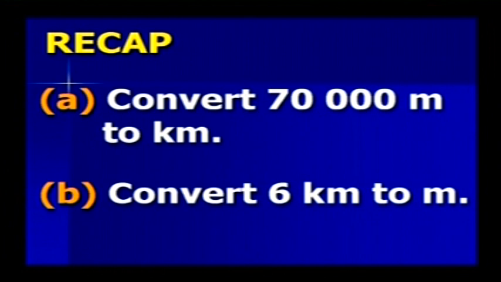This group here, group 3. Florence. 1,000 divide 70 is equals to 7 kilometers. All right, Florence said 1,000 divided by 70. Is she correct?